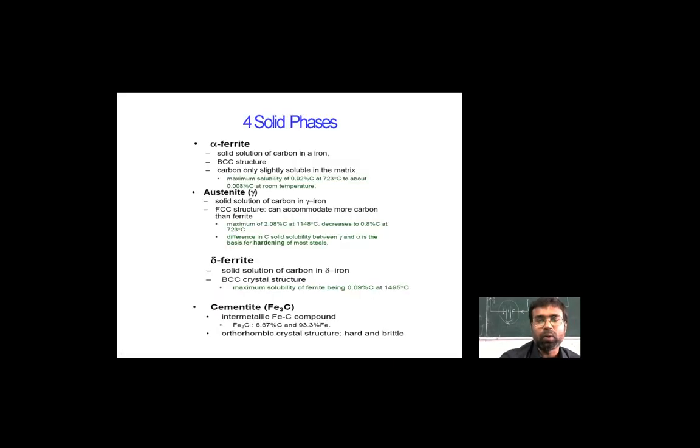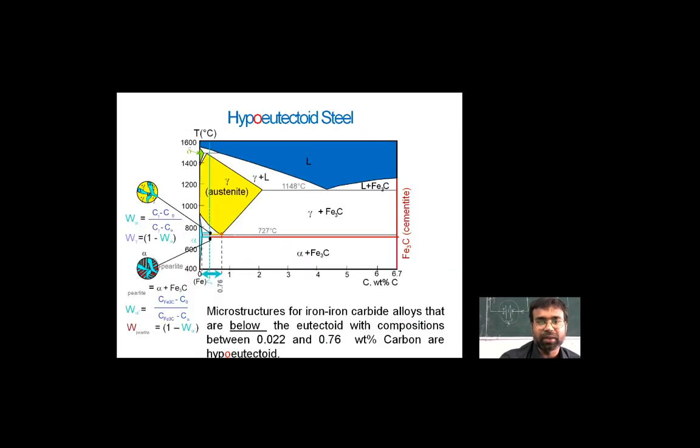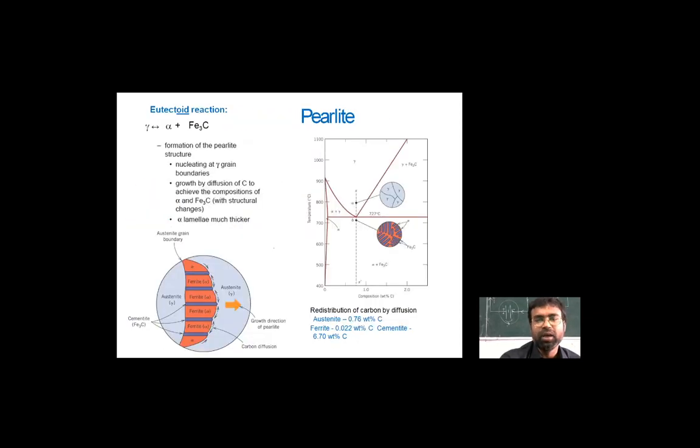Now today, as we talked about the pearlite yesterday, in the previous lecture we talked about the eutectoid reaction, where the alpha austenite FCC structure transforms into two solids, ferrite plus cementite.